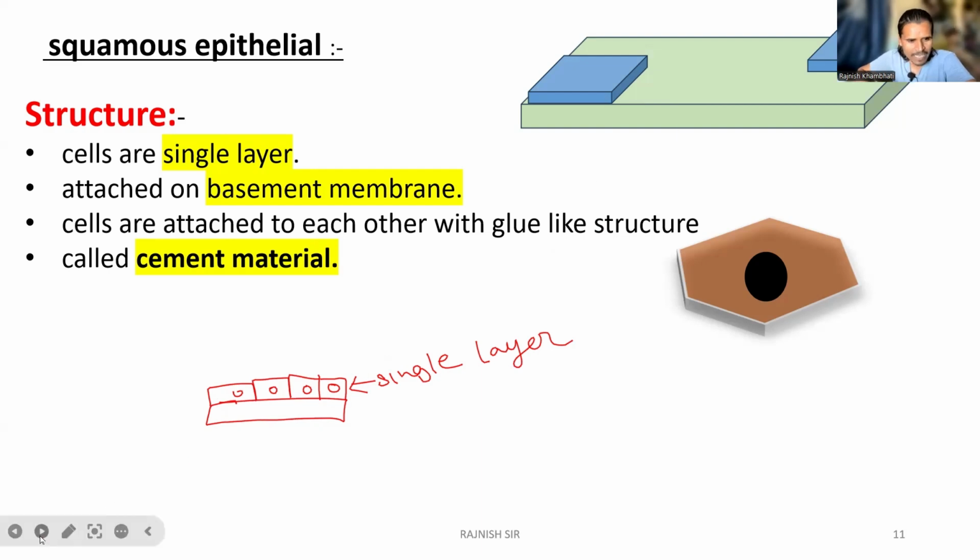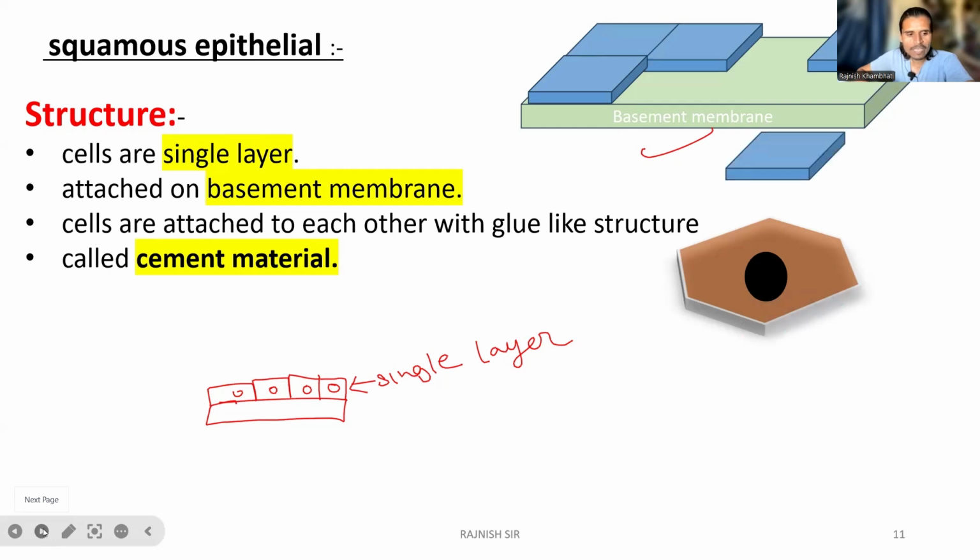Now see this diagram very carefully. You can see a little bit of animation is there. The green one is the basement membrane where flat cells are present. See, the cells keep on coming.